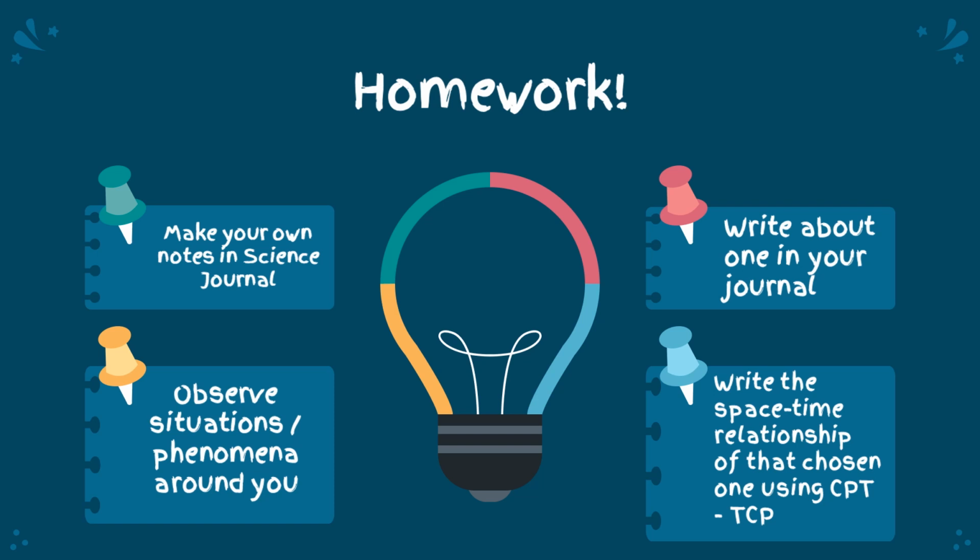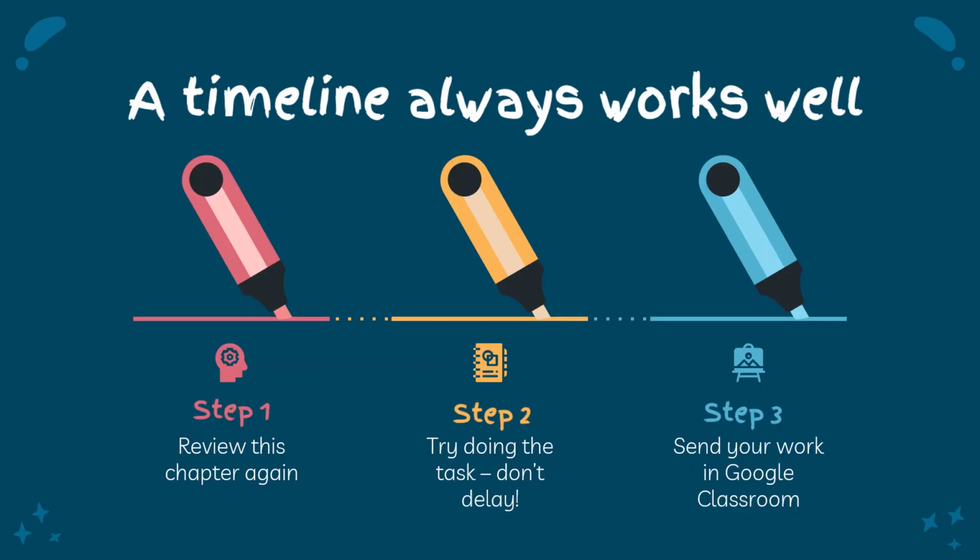Or maybe if you see your mom making buns of bread, when she mixes the dough, you can see as time increases, the size of the dough becomes bigger. So I'm giving you an answer actually. But if you can think of other situations or phenomena that you can relate to today's topic, that would be really great.